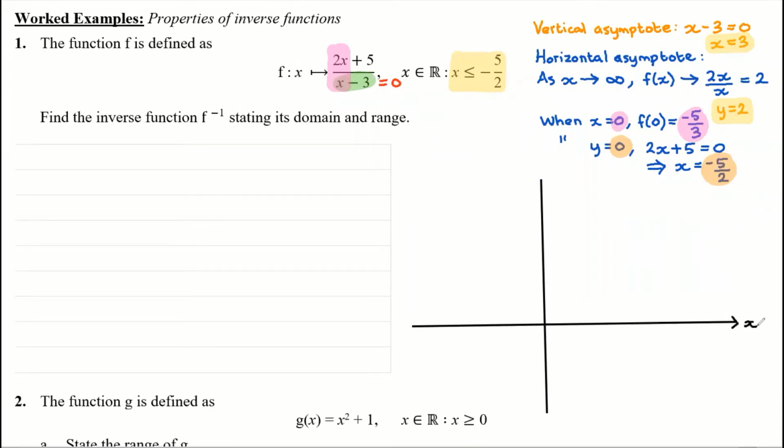So we've got x there, and we've got y here, and there's the origin. Put the vertical asymptote in first. So x equals 3, let's put that in about there, and label it. So this is x equals 3.